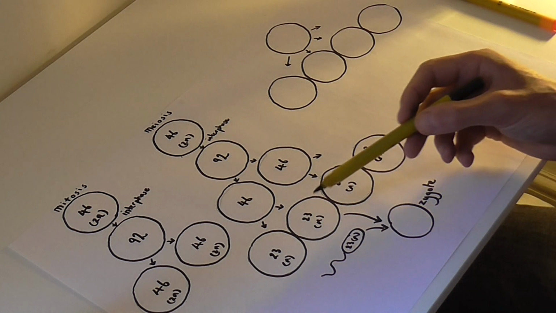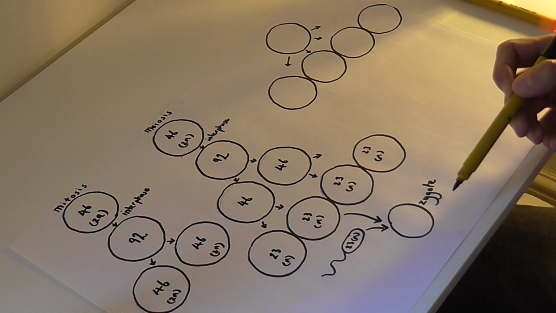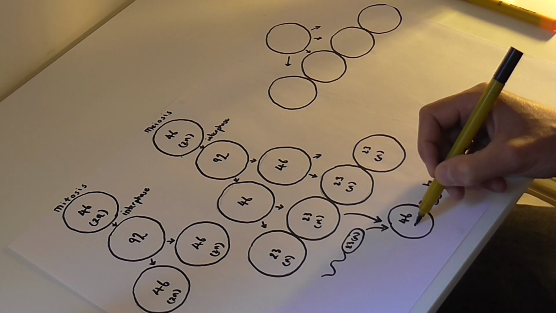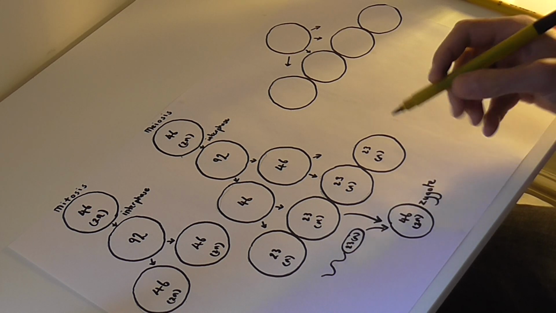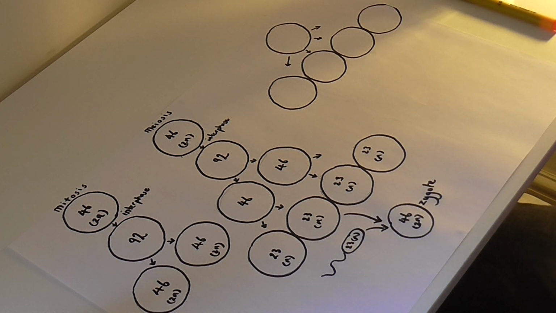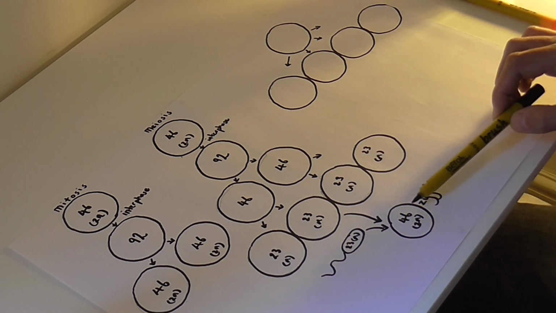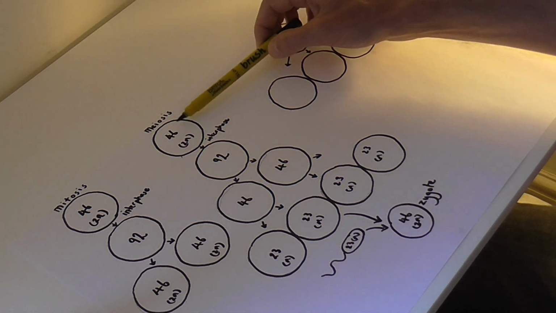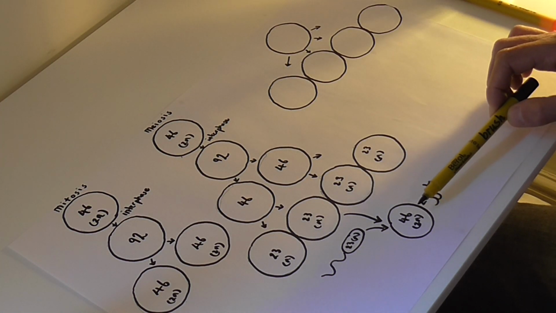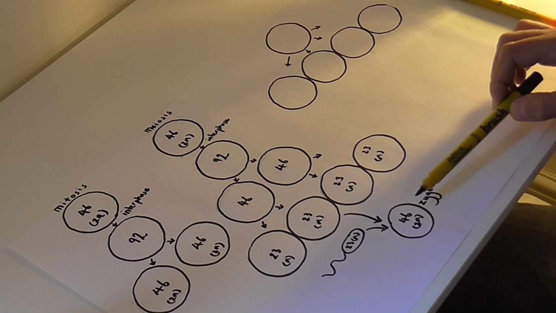But when those two nuclei from the two gametes fuse together, what you can see that happens is that in the next generation, so this zygote is then going to form the offspring, the diploid number for that particular species is maintained, and that's really important.